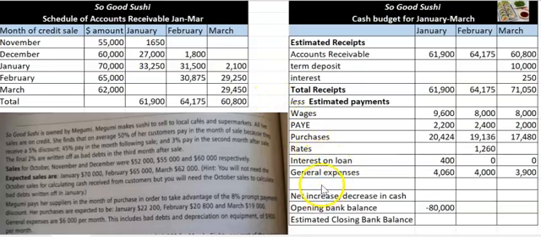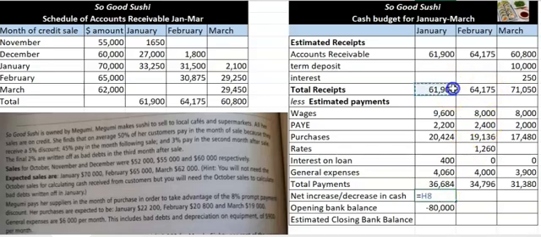So that's all the payments we can find. So we'll write total payments, and add all those up. Press pause if you need to.